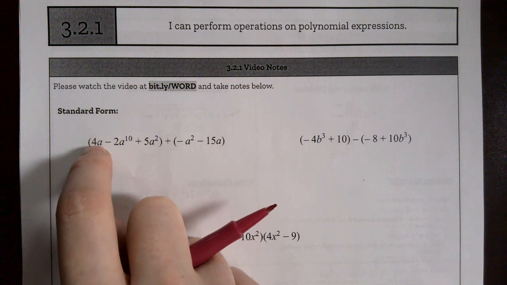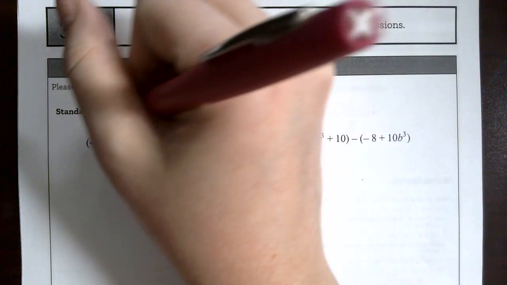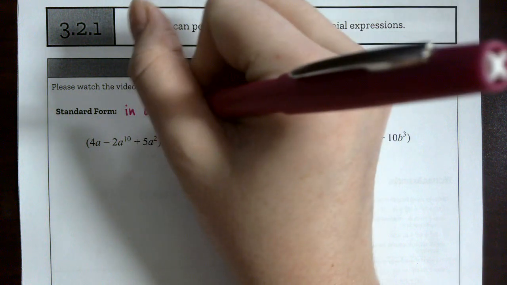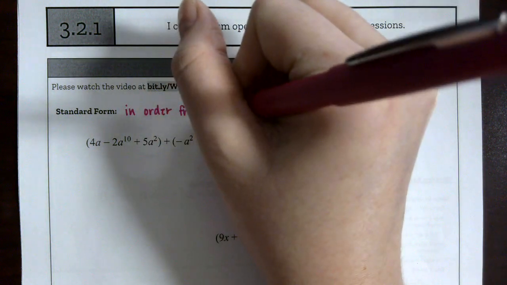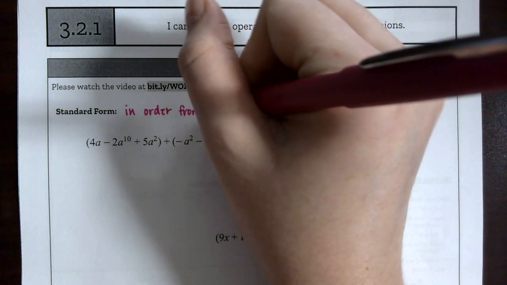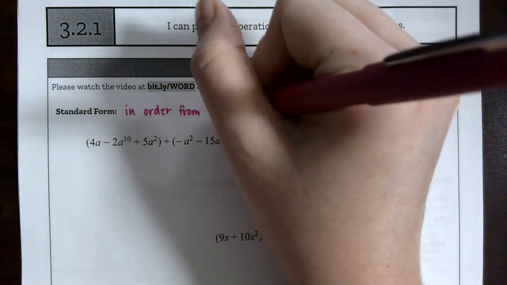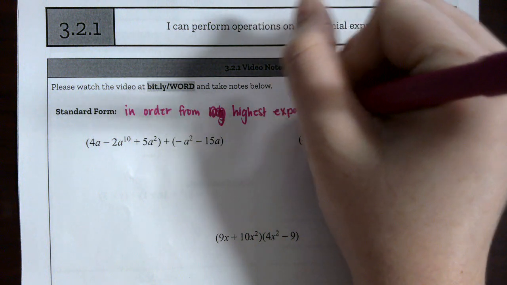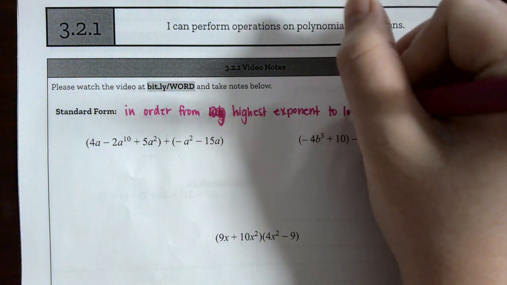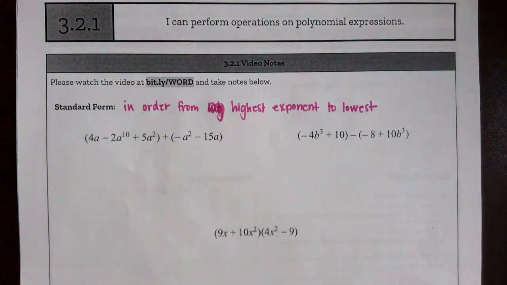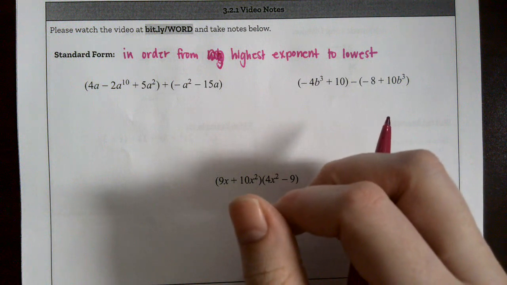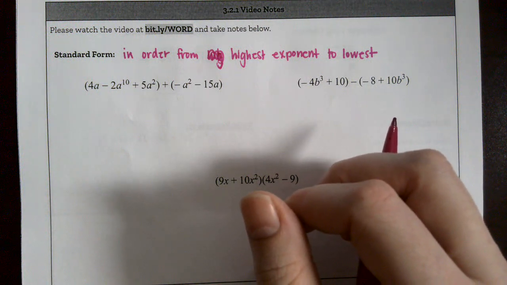And that is in order from highest exponent to lowest. So whenever you do any of these operations, you just have to make sure the largest exponent comes first.